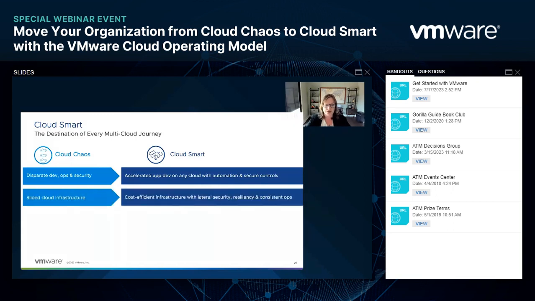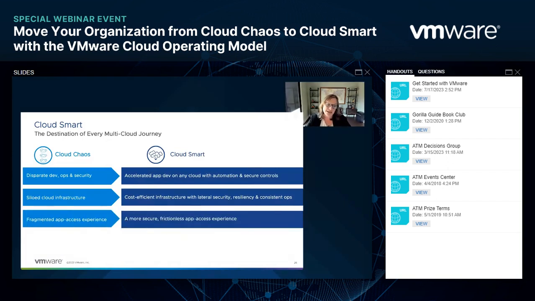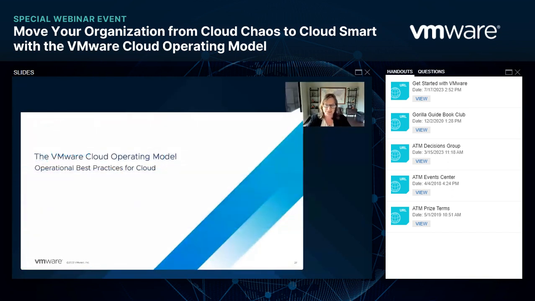Where today we have siloed cloud teams to manage our siloed cloud infrastructure, we now have cost-efficient, consistent infrastructure where we can apply consistent policy and management and optimization across those different environments. And today, where our developers have a fragmented access and development experience, we move to a more secure, frictionless access experience. So that's holistically VMware and how we're solving these problems for you across the multi-cloud.